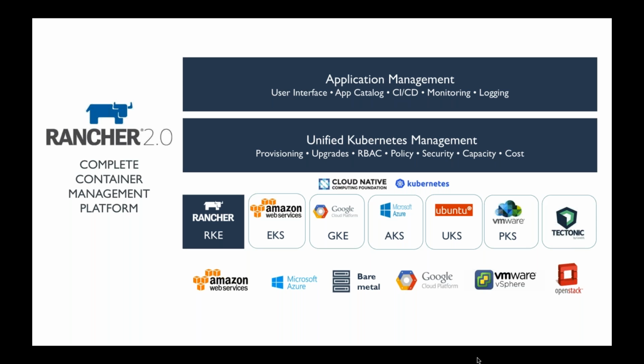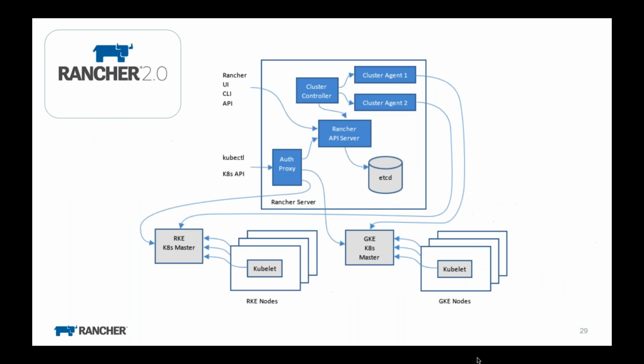It comes with connectors and drivers to integrate with Kubernetes providers like Amazon Web Services EKS, Google Cloud Platform GKE, or Microsoft Azure AKS. It can also work with an array of infrastructure providers. So you can launch nodes from various infrastructure providers like EC2, Azure, DigitalOcean, or you can launch Rancher as well as pull in nodes from your bare metal server.